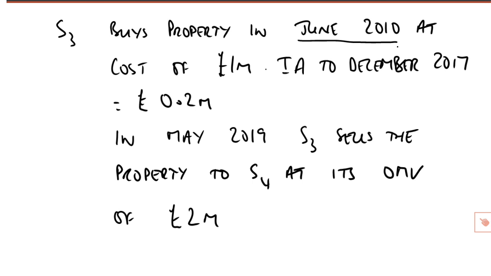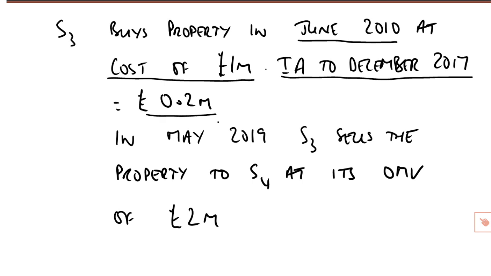Would have been available, of course, pre-December 17. But post-December 17, only indexation allowance up to December of 2017. Let us assume, therefore, that the original cost to S3 back in June 2010 was £1 million. We'll assume that indexation allowance to December 17 is 0.2 million.